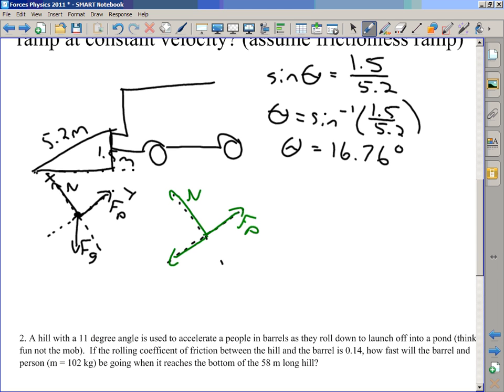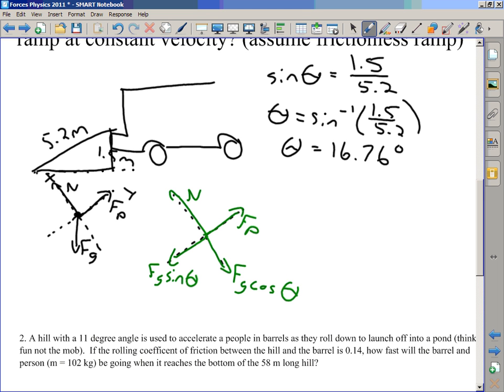FG sine theta. Good. What goes into the ramp? Good. FG cosine theta. So there's your free body diagrams.